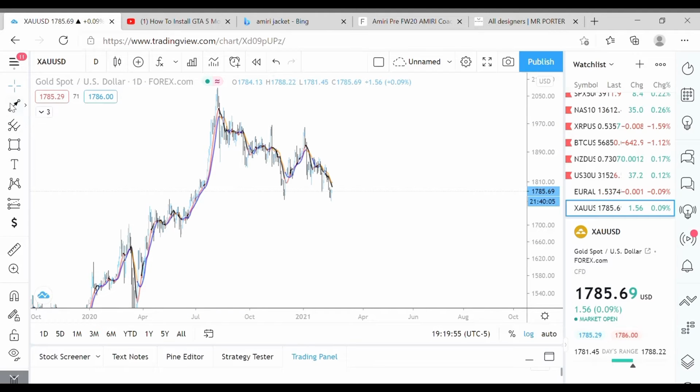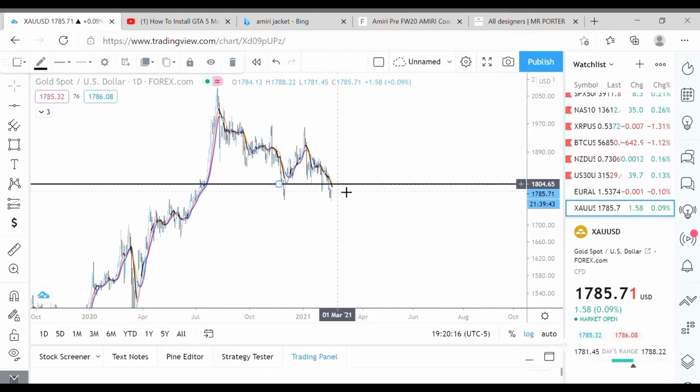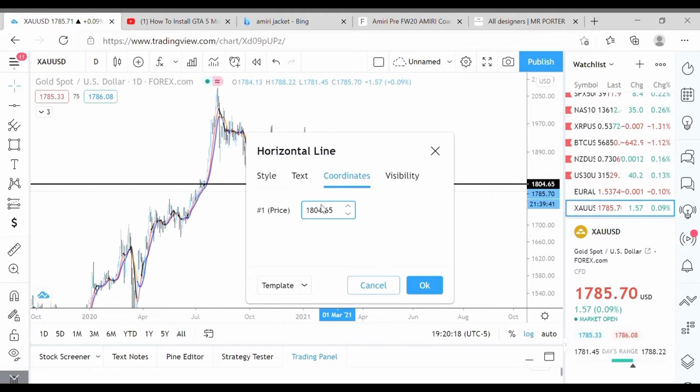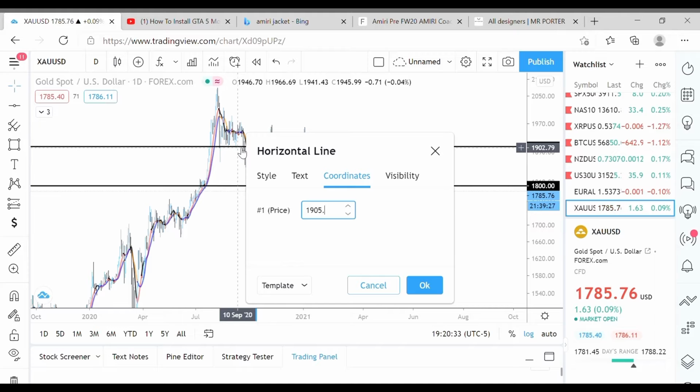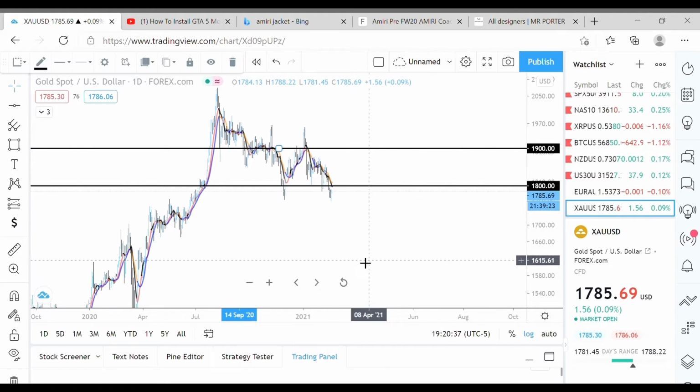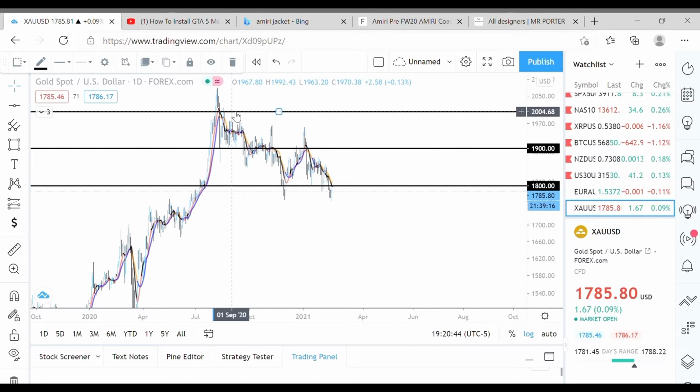I would mainly try to find even round numbers. So price is at 1785 right now. I'm starting from 1800. I'm gonna do 2000.